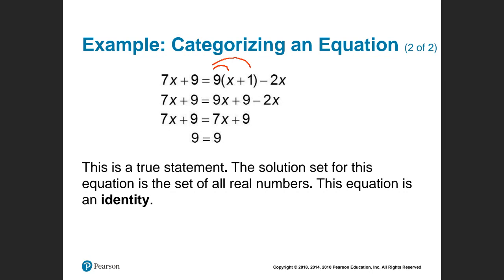Now we're going to solve. Combining like terms, 9x and 2x combine. 7x plus 9 equals 9 minus 2 is 7x, plus 9. Look, this is the same. If we cancel this one, 9 equals 9. The statement is true.